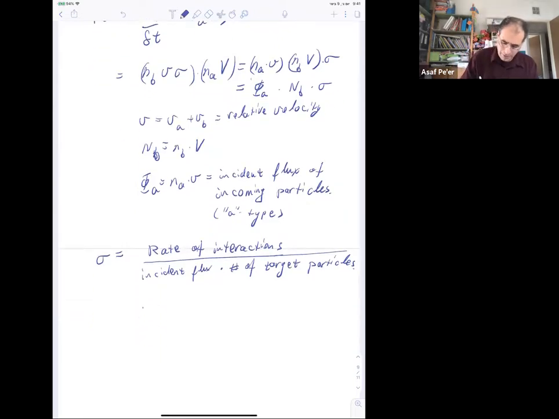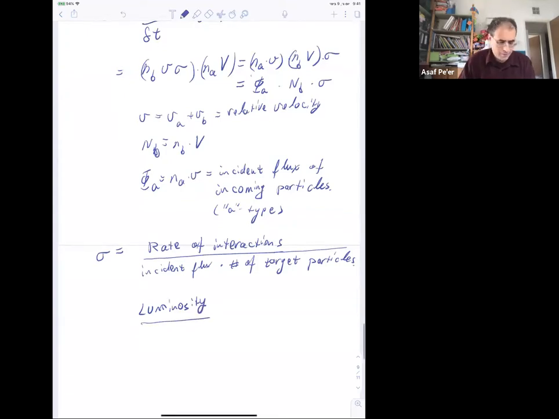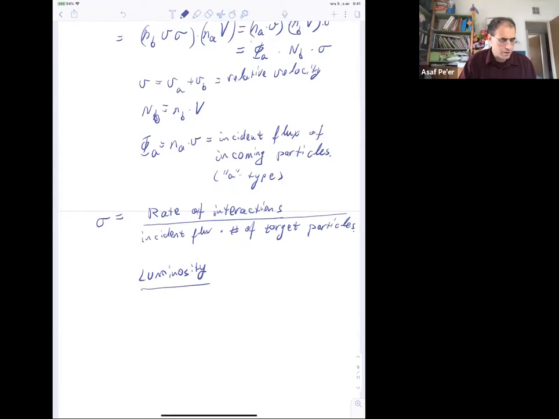Okay, then one last thing I want to say about that is the luminosity. The rate of interactions is proportional to the cross-section area for the interaction.